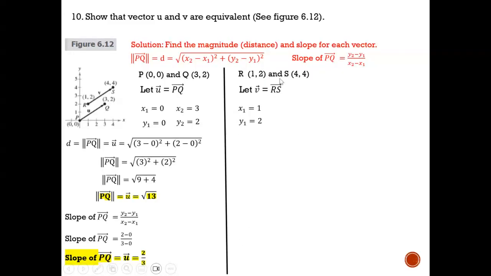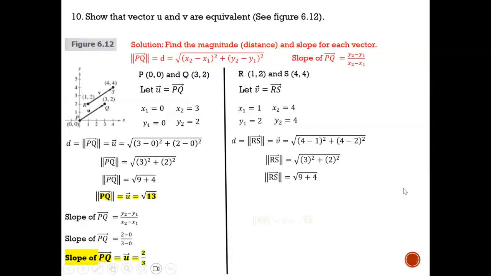So x1 is 1 and y1 is 2. X2 is 4 and y2 is 4. Plug into the formula for the magnitude. It's going to be x2 minus x1, so 4 minus 1 squared, plus y2 minus y1, which will be 4 minus 2 squared. It'll give us 3 squared plus 2 squared, which gives us the square root of 13, right?